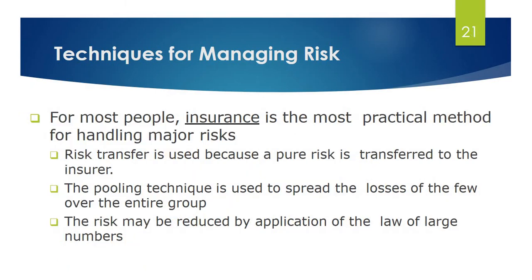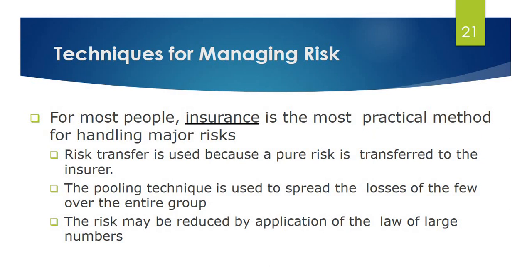Now we see that most people like to take insurance as a practical method for handling major risks, and this is because insurance is really popular around the world, and risk transfer is used because a pure risk is transferred to insurers.